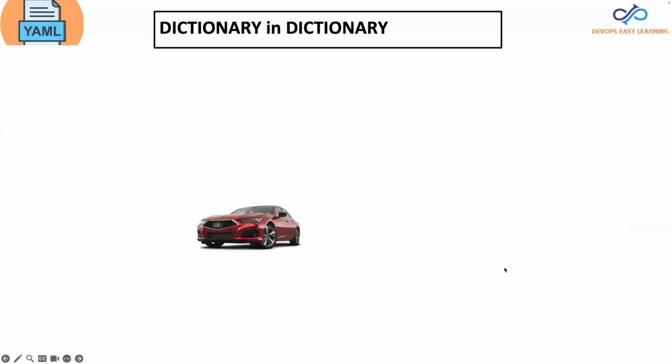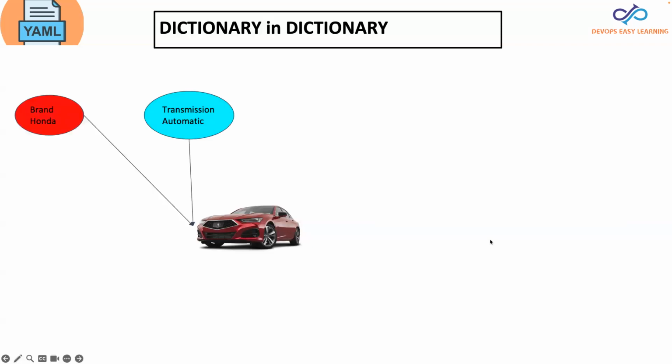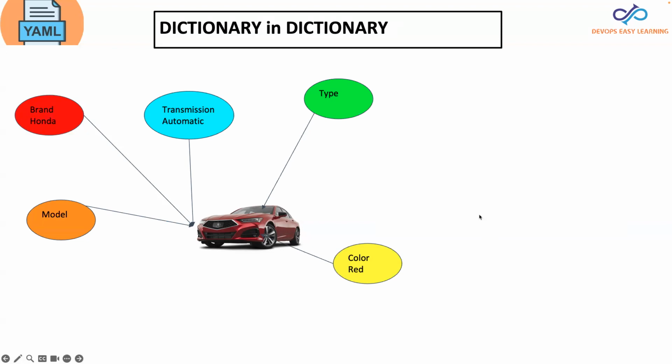Now, we can have a dictionary in a dictionary. What does it mean? Let's take again our car example where we define the brand, then the transmission, where we define the type, for example. Then we define the color. Then we define the model.